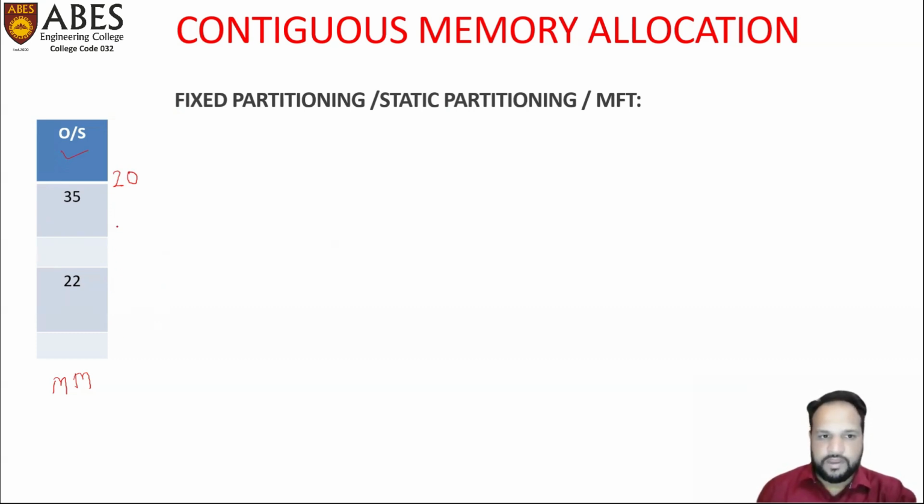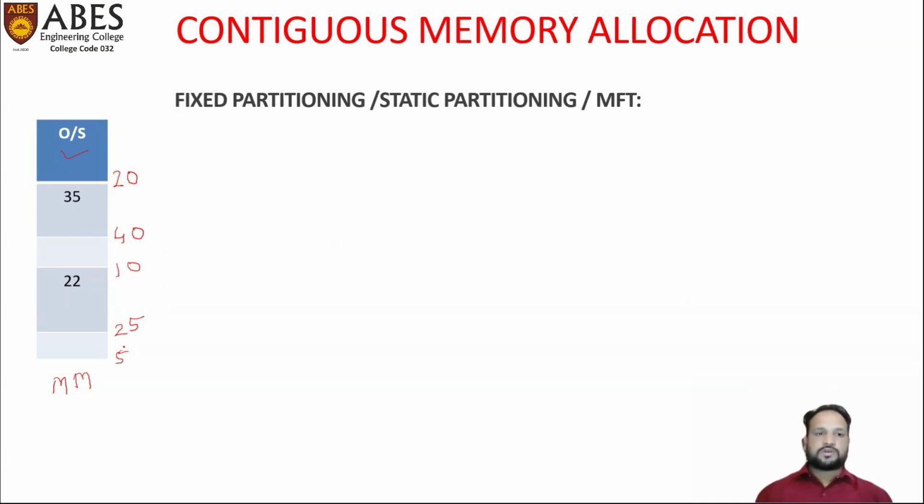Later we have 40 MB of partitions, then 10 MB of partitions, and 25 MB and 5 MB. These are the partitions that we contiguously allocated for the main memory.